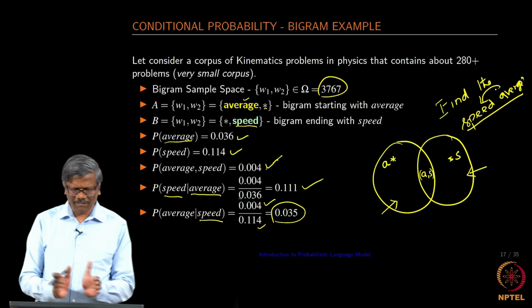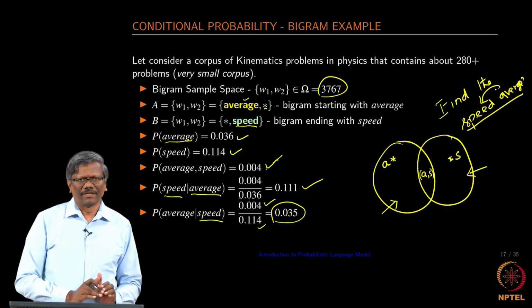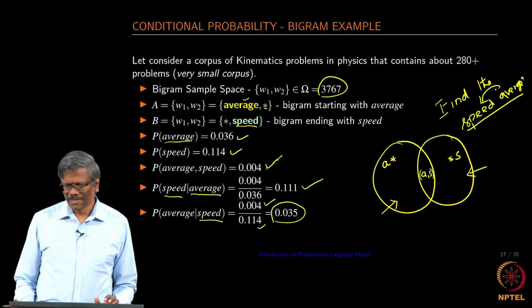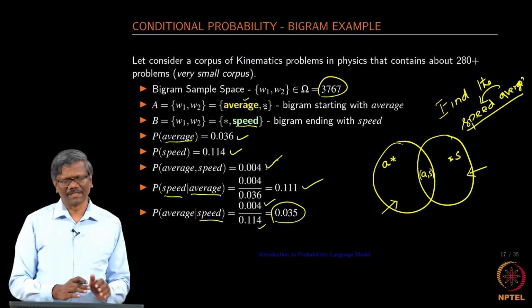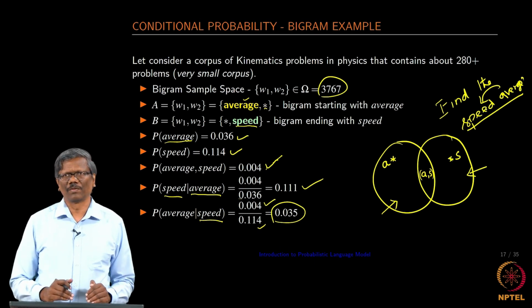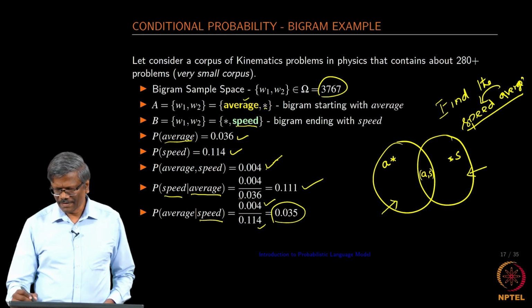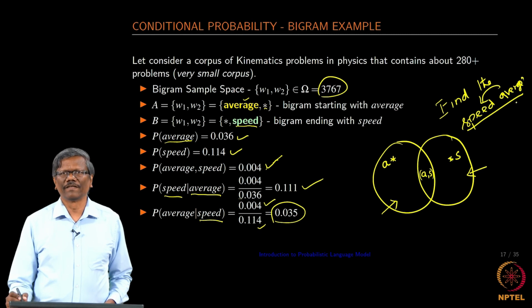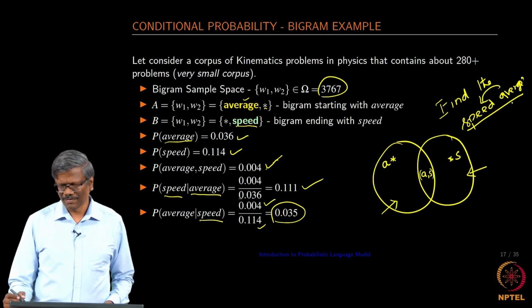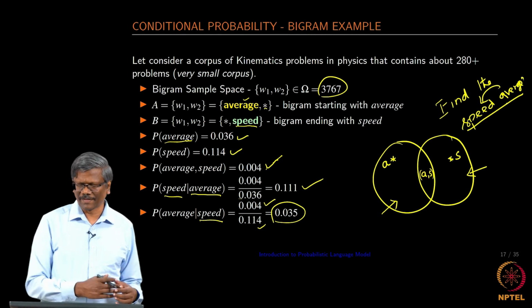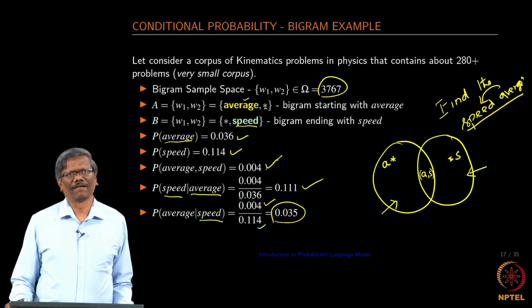Using the bigram logic and the probability information available to us, we find that the sentence 'find the speed average' need not occur, but the right sentence could be 'find the average speed'.